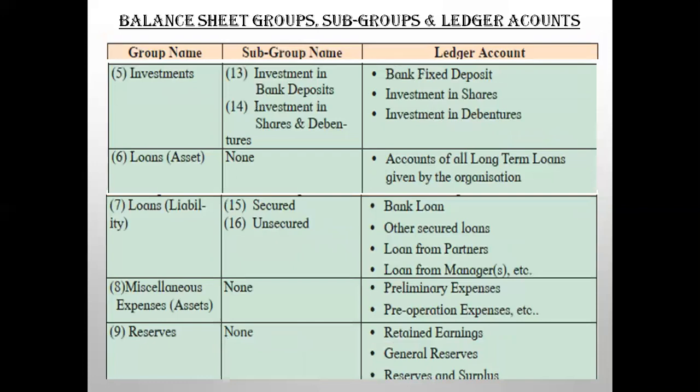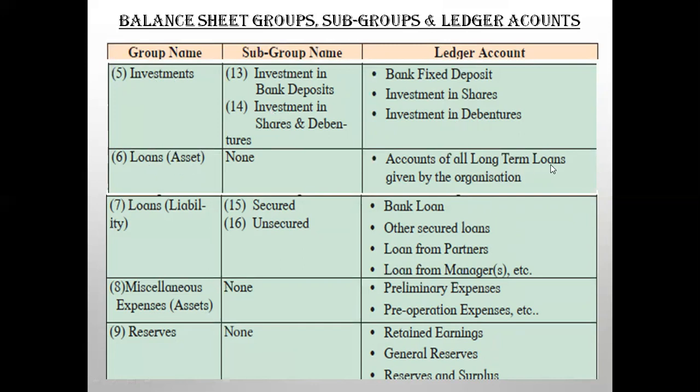Next come investments. Investment in bank deposits, investments in shares and debentures. All types of investments will come under this main head. Bank fixed deposit, investment in shares, investment in debentures, whatever you are putting, will stand under the main head investments. Next is loan asset.